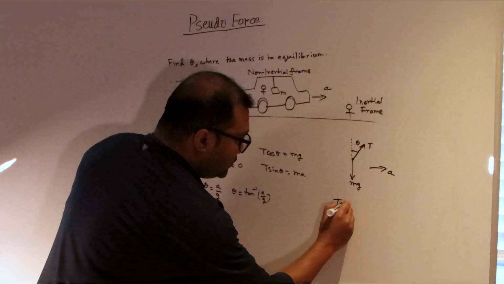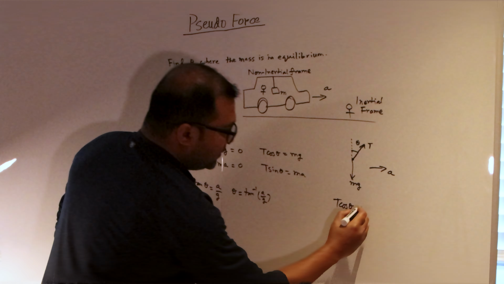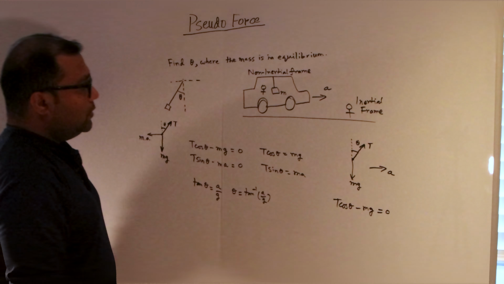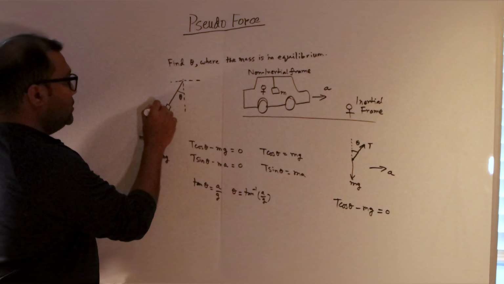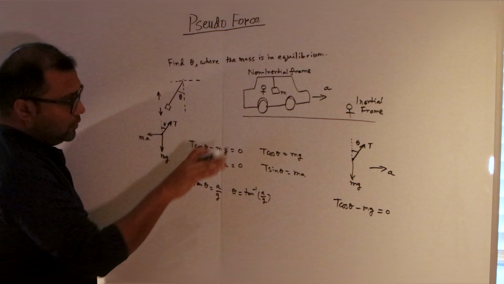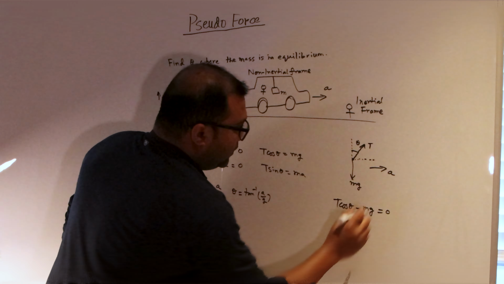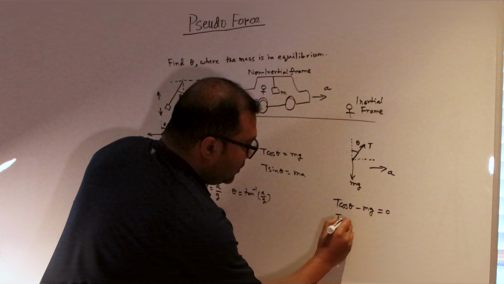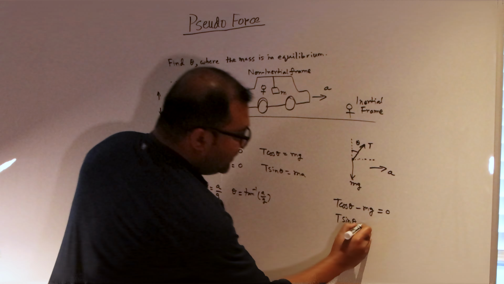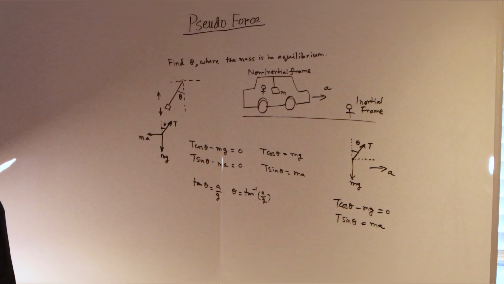So T cos theta, which is the component of tension in the vertical direction, minus mg is 0 because it is stationary. There is no motion in the upward or downward direction. There is only motion towards the right. And the component of tension in the horizontal direction, T sin theta, is responsible for the acceleration, so mass times a.